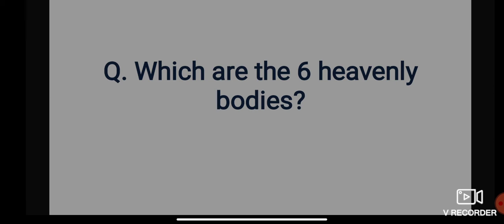These are also called the celestial bodies. Please remember those six heavenly bodies, comets, planets, moon, asteroid, meteorites, and star, which include the sun, are also called the celestial bodies. I hope you are clear with it.